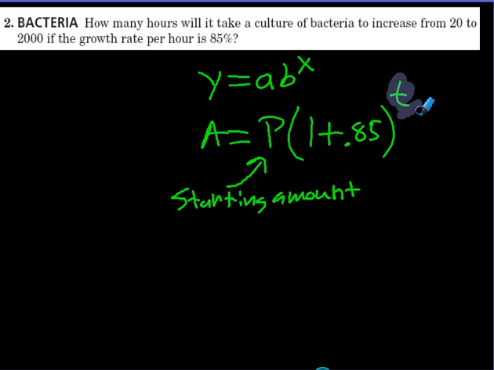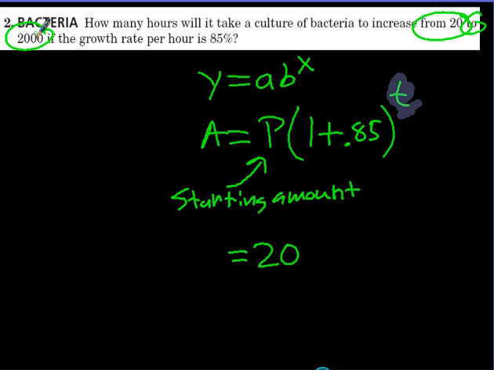So now I'm just going to fill some things in, right? I'm not doing a function here, I'm solving an equation because I know everything except t. I have one variable. So I'm going to increase from 20. That tells me that's my starting amount. And I'm going to increase to 2000.